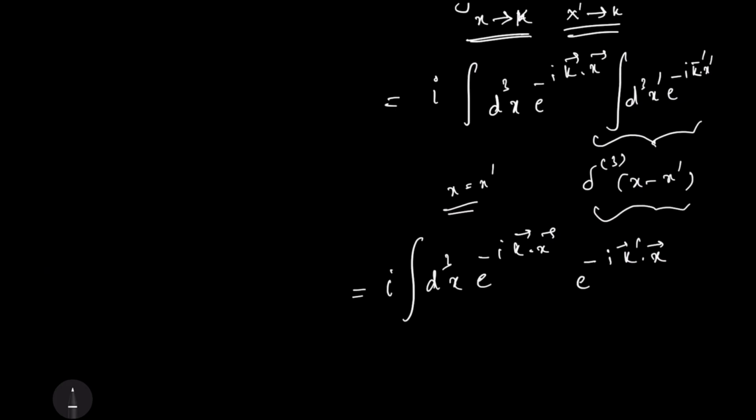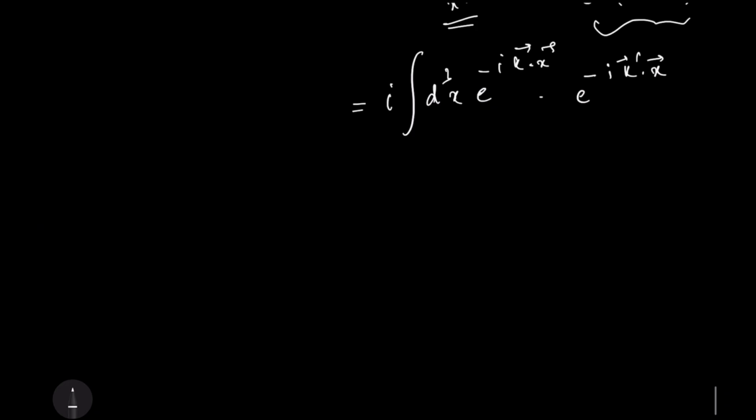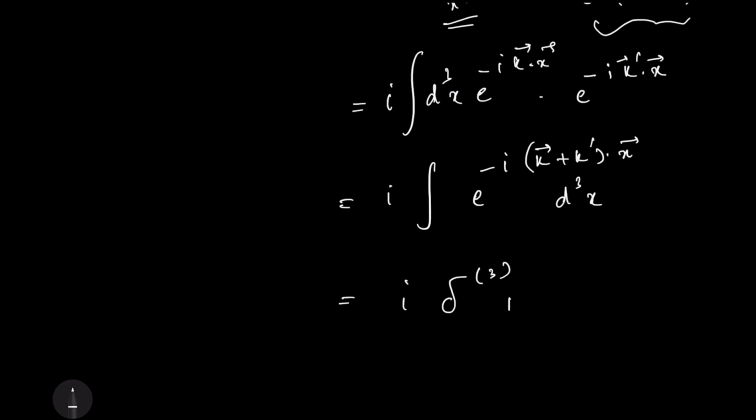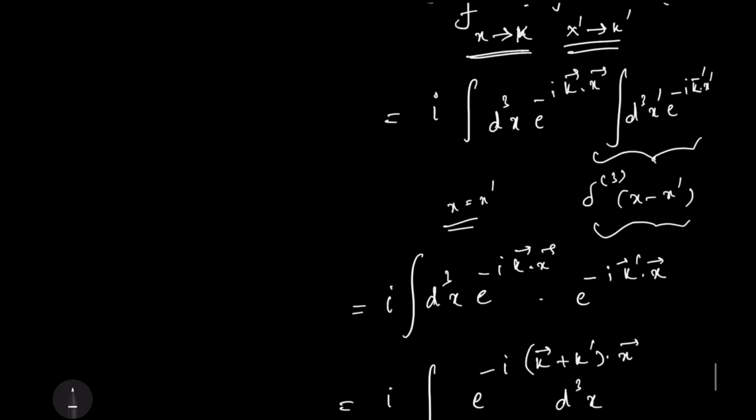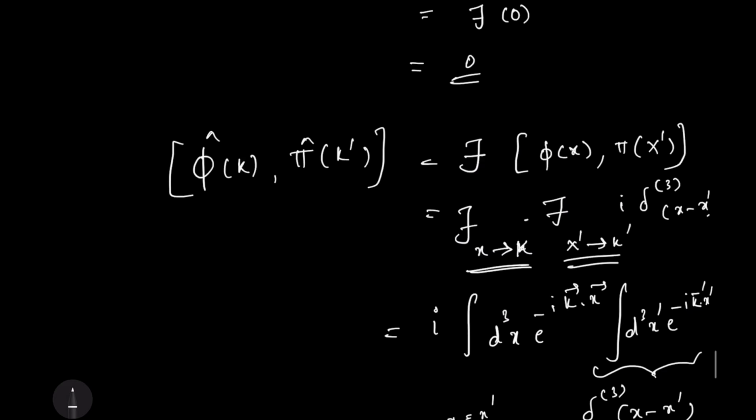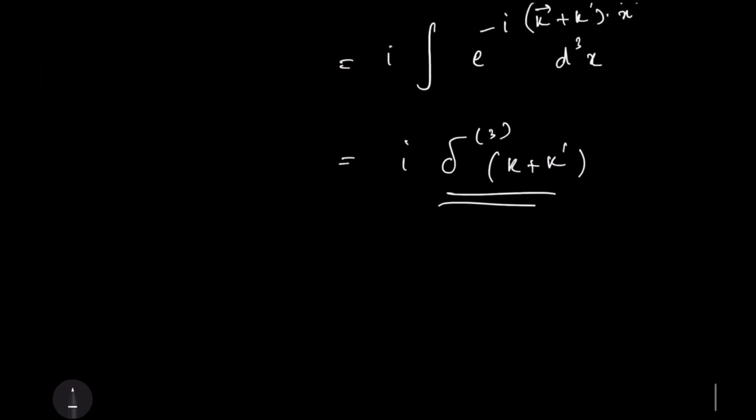That is the standard integral. Now I have to do the second Fourier transform. Here it will be i integral of e raised to minus i, taking it outside, k plus k prime dot x d cube x. So this will be the Dirac delta. This is the commutation relation for phi and pi in Fourier space.